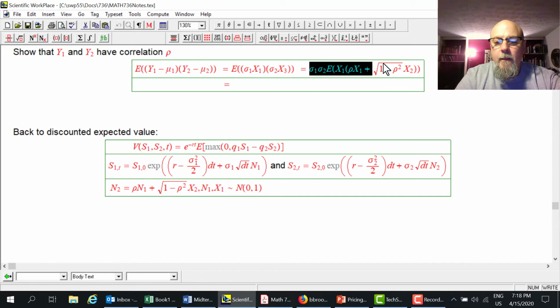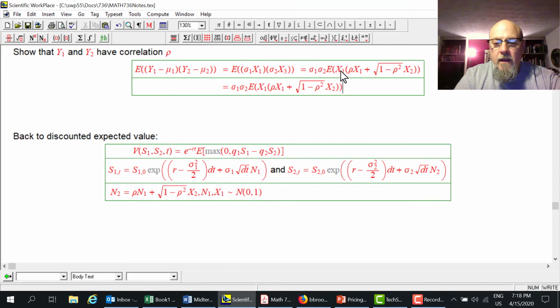Okay. If I multiply this x1 through this bracket across this plus sign, that's going to make this x1 squared, and that's going to make this x1 times x2. And now let's take the expected value across this plus sign.